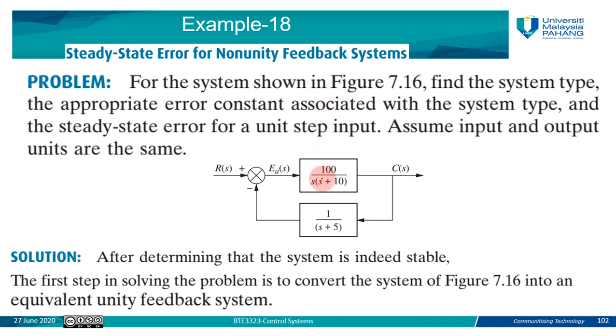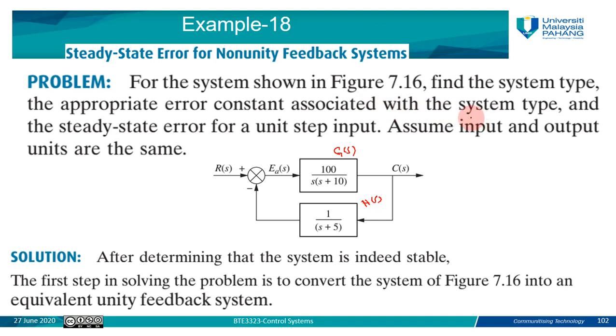So we have a non-unity feedback system here with a value of 1 over s plus 5. This represents the value of H(s), and this one represents the value of G(s) actually. So we need to find the system type, the appropriate error constant associated with the system.